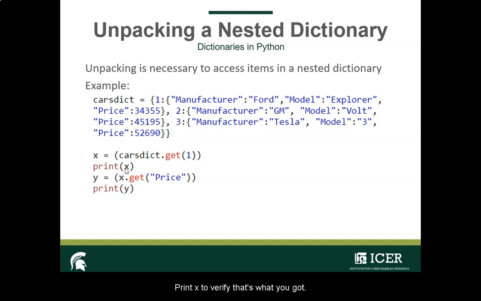Print x to verify that's what you got. Now that I have x defined as this whole dictionary with manufacturer GM, model Volt, price 45,000-ish, I can then call the price key and assign its value to y and then print y, or use it in other program manipulations.